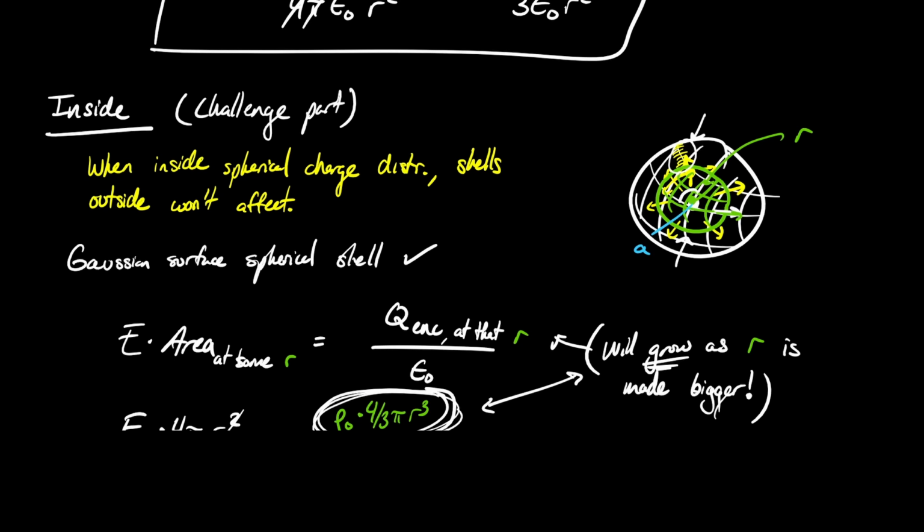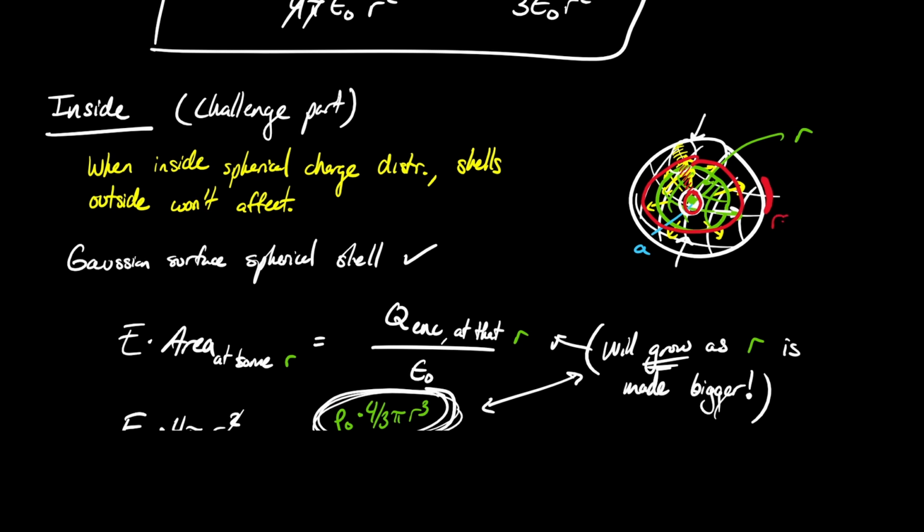So when your radius is really small, near the center of the object, you don't really have a lot of shells pushing you outwards. As you get further out to bigger radiuses, all these shells in here are now able to push you outwards. So the amount of total push you get is getting stronger until you hit here, right?